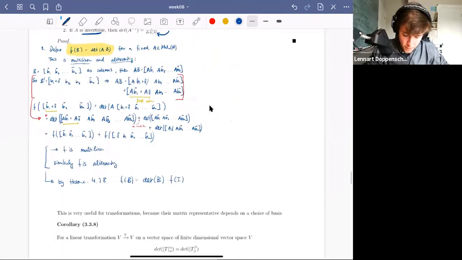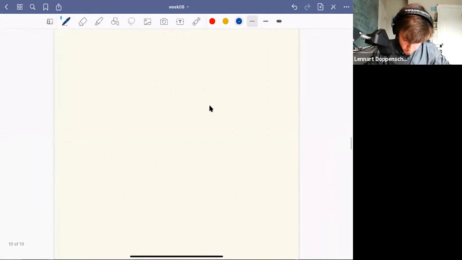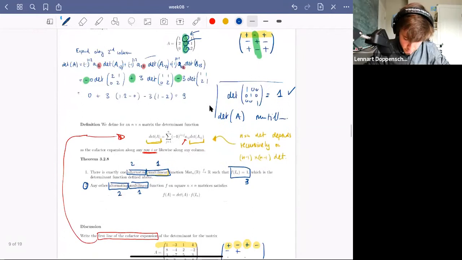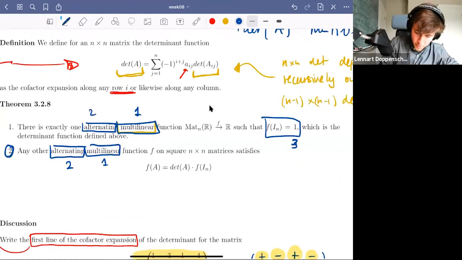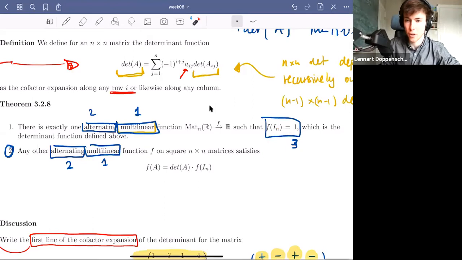Just remember, let me go back to that. This is exactly what I'm using. So if I have this function which has two of the properties, not the third one, but only the first two, which I just showed you, then the function on a matrix is the determinant of the matrix multiplied by another matrix, but that second matrix is fixed.